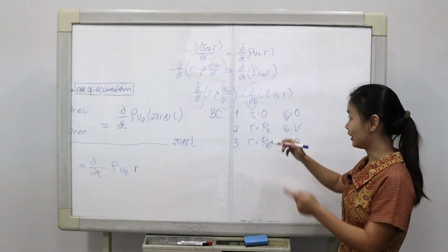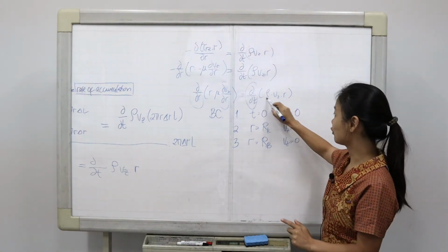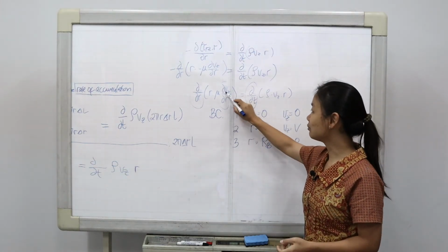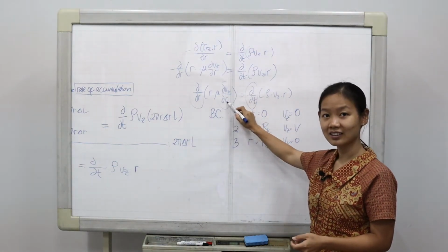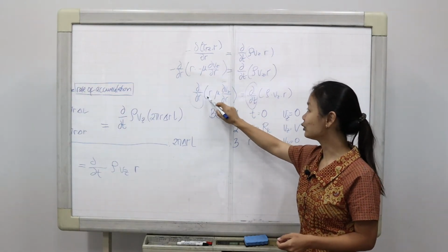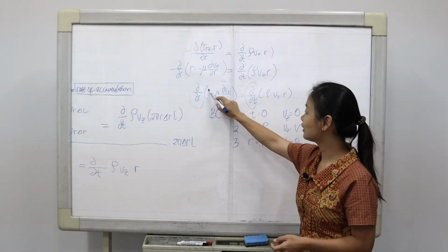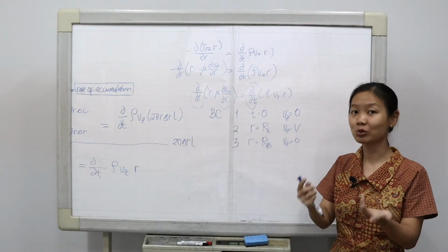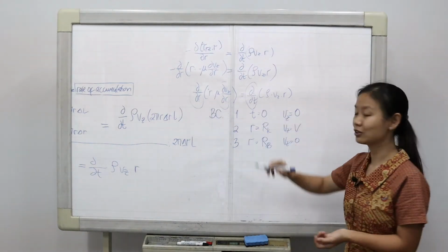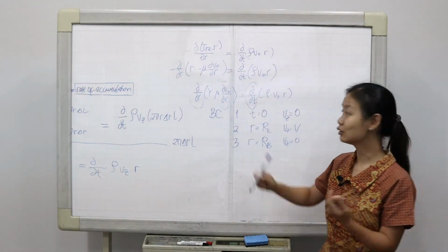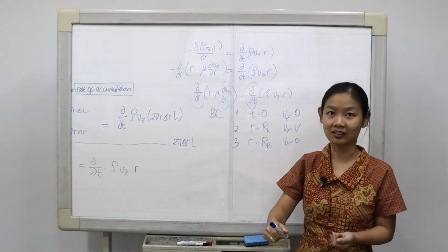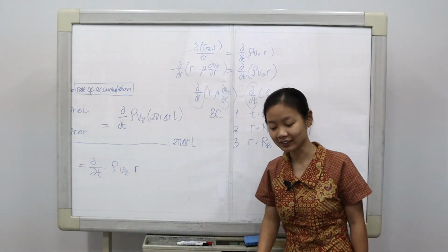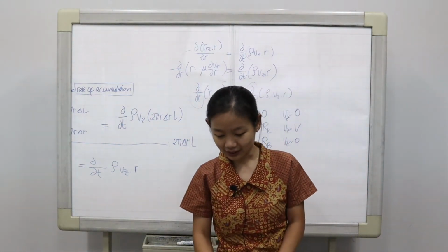In this equation you have change of something over t, and then you have change of something over r, and you also have change of something over r, so that's why you need to have one boundary condition with respect to t and two boundary conditions with respect to r. Okay, is that clear, Ataya? Yes, thank you, ma'am.